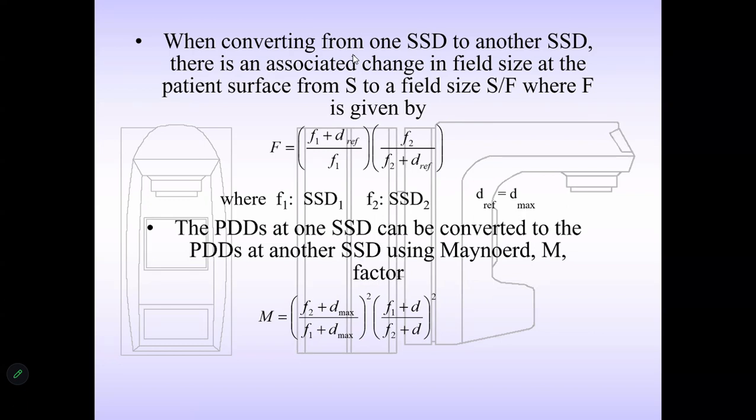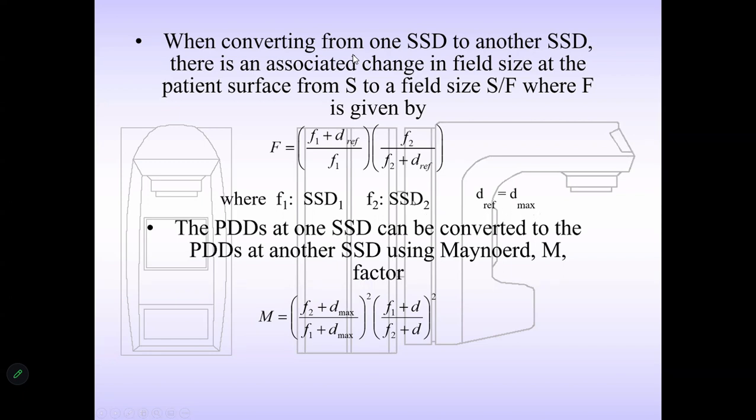This is called the Mayneord factor, which basically compares the depth and the field sizes for different SSD. For example, F1 is SSD1, F2 is SSD2, and Dref is Dmax.